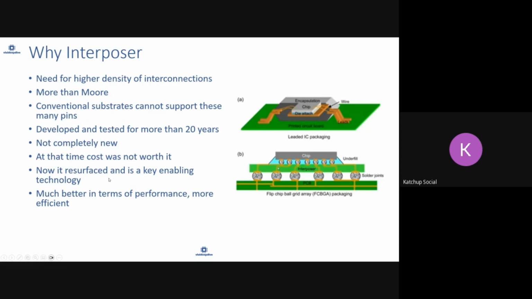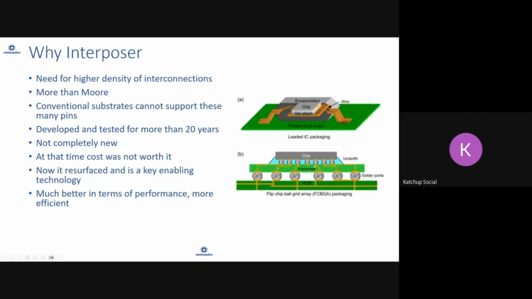So why an interposer? As I talked about earlier, you were connecting all of these together using something known as wire bonds in IC packaging. The interposer allows them to connect together using not wire bond but through silicon wire technology.